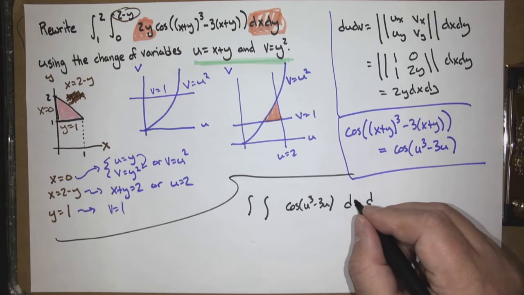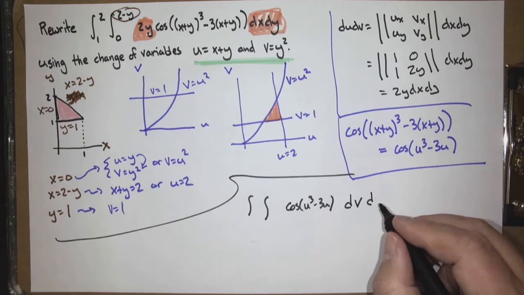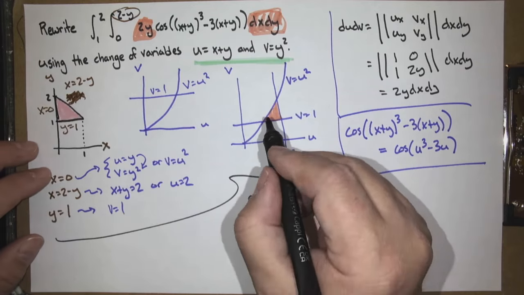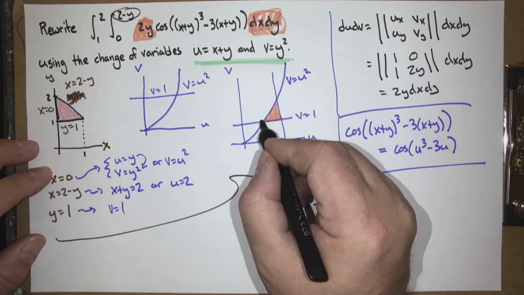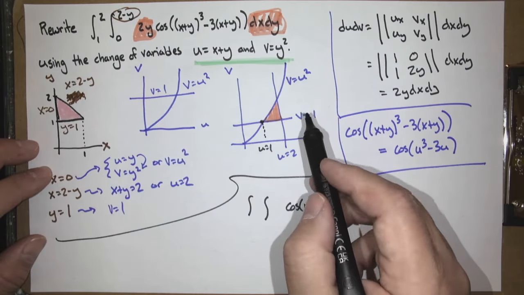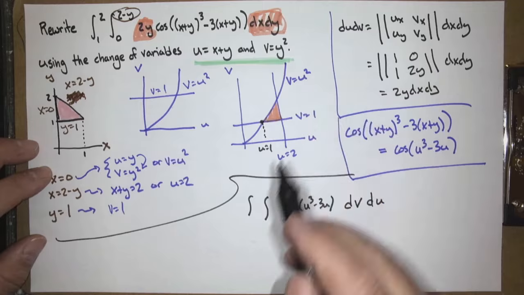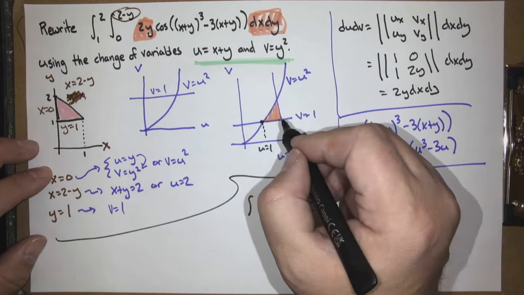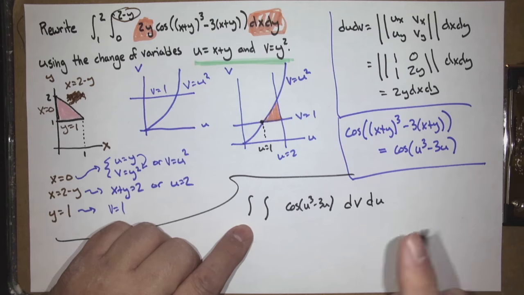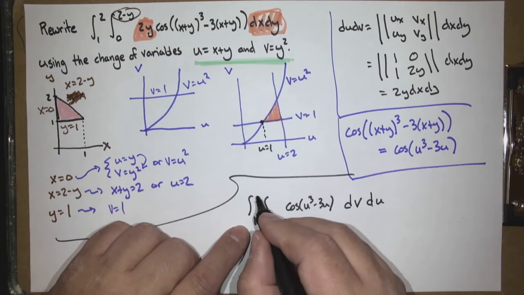We'd rather integrate with respect to v. Now, we look at our picture and say, well, we need some things. This point right here happens to be at u equals 1, because if you put in v equals 1, you get 1 equals u squared. And now we say, okay, where does u go from? 1 to 2.